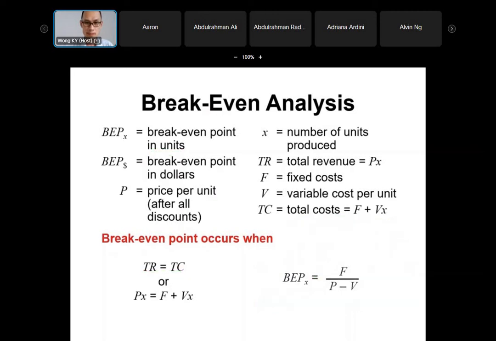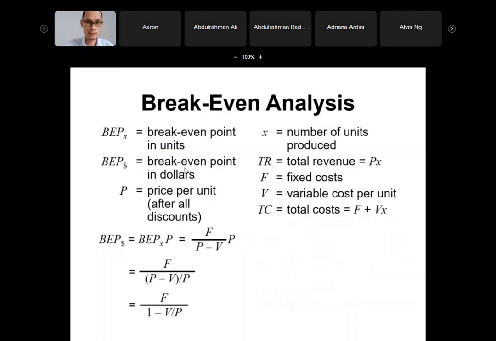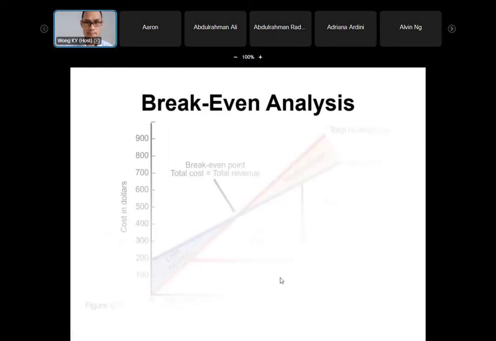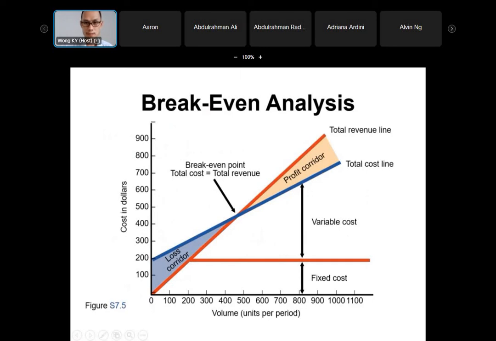Now, next, you can also calculate BEP dollar, the break-even point in dollars. Let's go back to the graph. At this point, we get the break-even point. If we project to the y-axis, we will also get the break-even point in dollars. So how do we calculate this point?